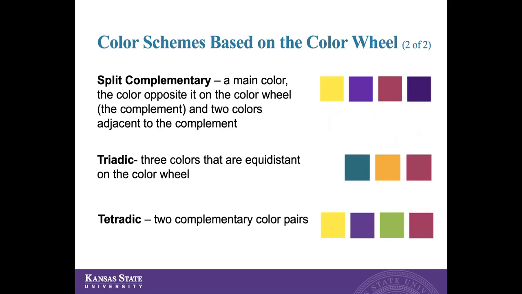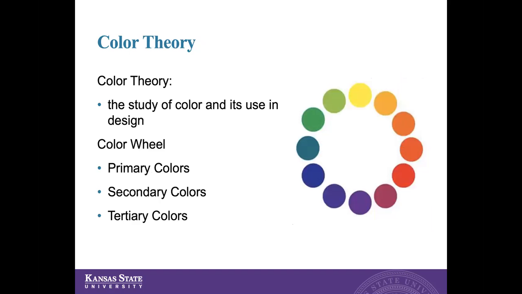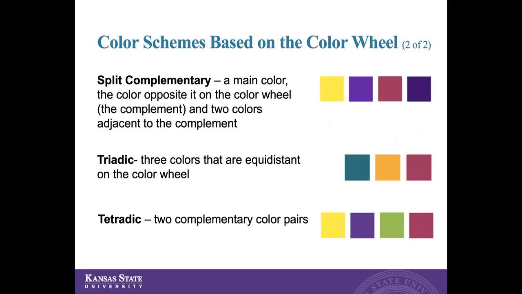A split complementary is where you have your yellow and your purple, and then the two colors adjacent to the complementary color. Let's look at the color wheel again. We have the yellow, opposite is the purple, and then those two colors on each side of the purple. That would be our split complementary.